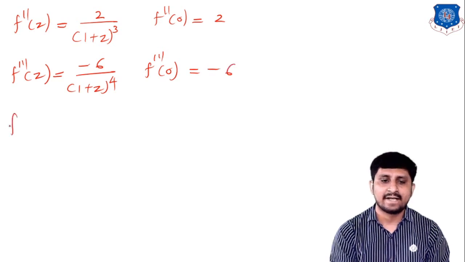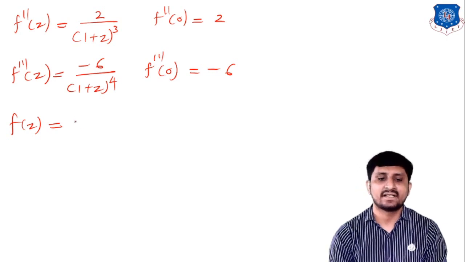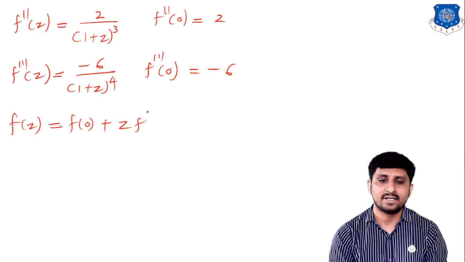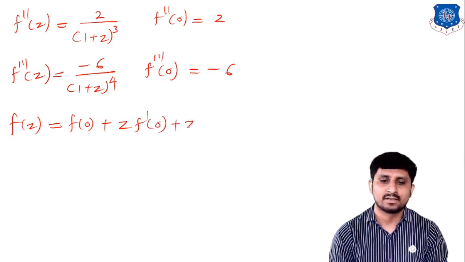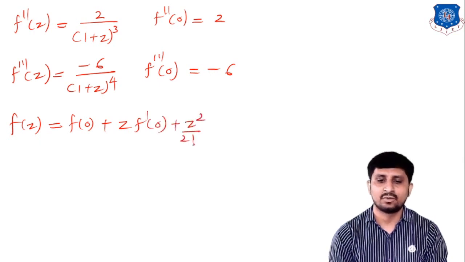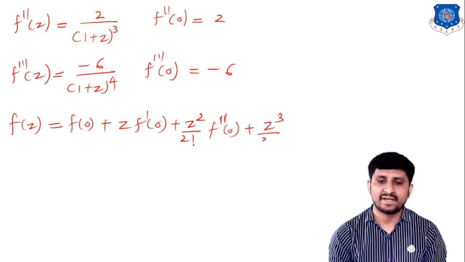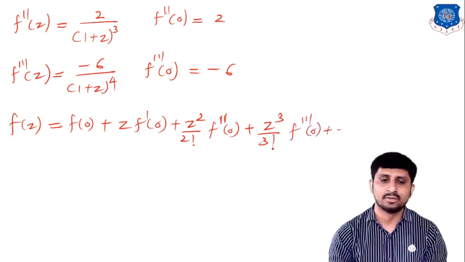Now write down all these values in this equation. What is the value of f of z? f of z is equal to f of 0 plus z into f dash 0 plus z square by 2 factorial f double dash 0, plus z cube by 3 factorial f triple dash 0 and so on.